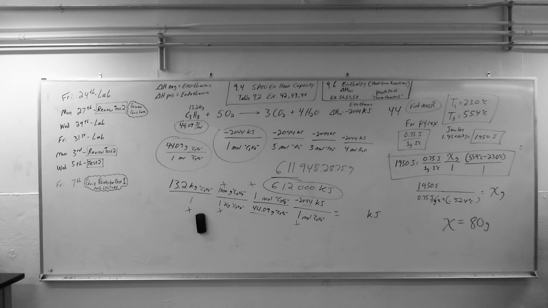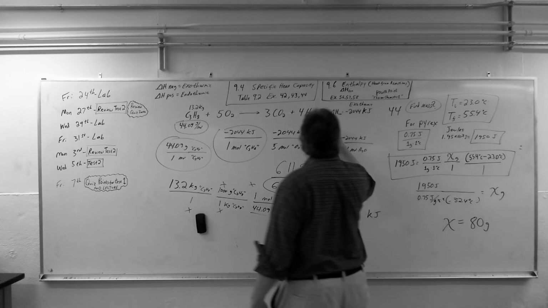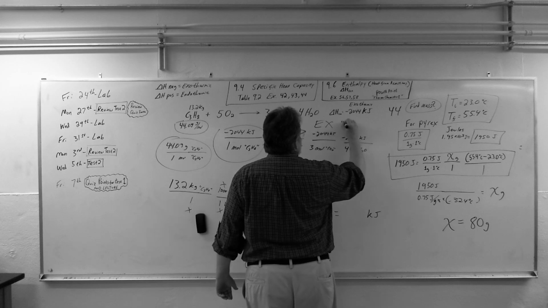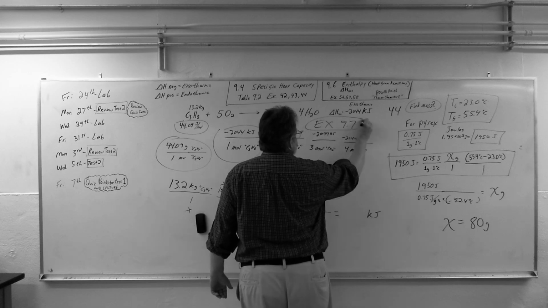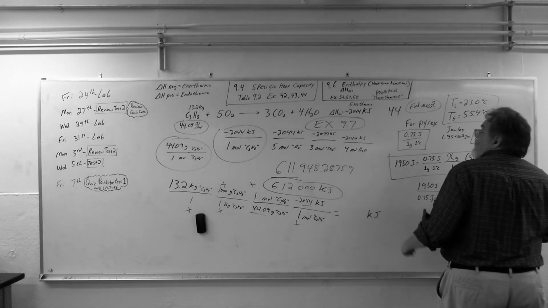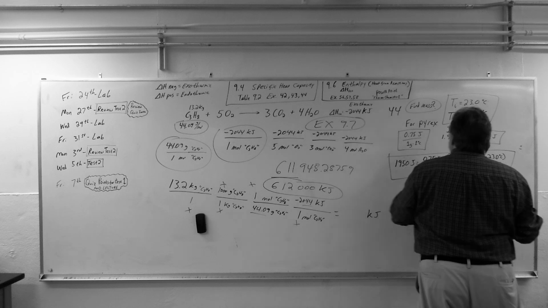Let's see. Right there. They've got 6.12 times 10 to the 5. That's the same thing I have there. This is example 9.7. So all of these are just like that.